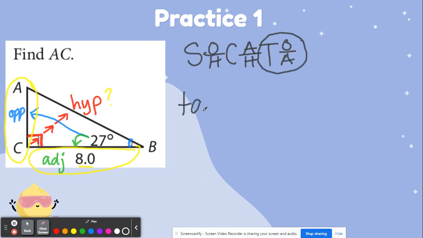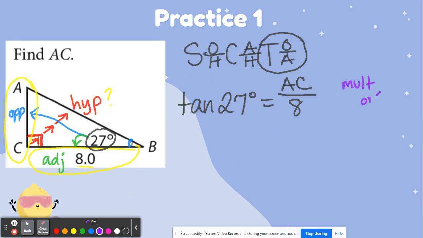It's going to be tangent of 27 degrees. I got it from right here. Is equal to opposite, which is AC. That's what we want to try to find out, over adjacent. Adjacent is 8.0, same thing as 8. If we were in class, I would ask you, are we going to multiply or switch?